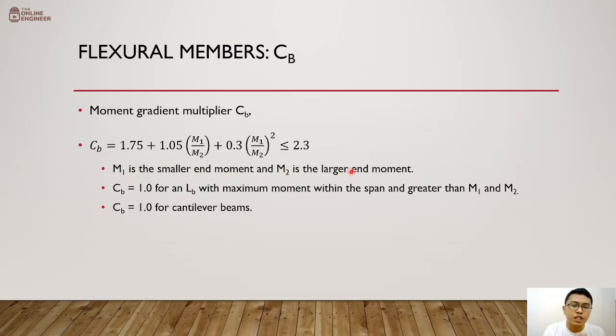Okay? M1 is the smaller end moment and M2 is the larger end moment for the unbraced length that you are considering. If your unbraced length is the entire span or the entire beam, then it would be the end moments of the beam. If your LB is only a portion of the beam, then you have to determine the end moments for that specific segment or portion of the beam that we consider our LB.